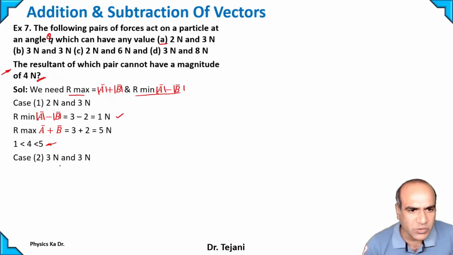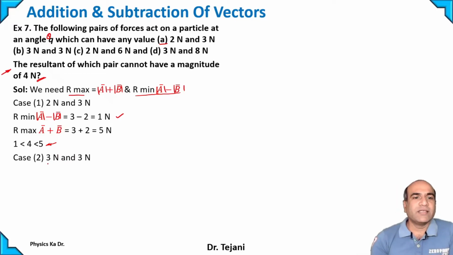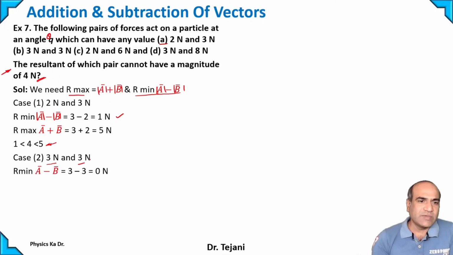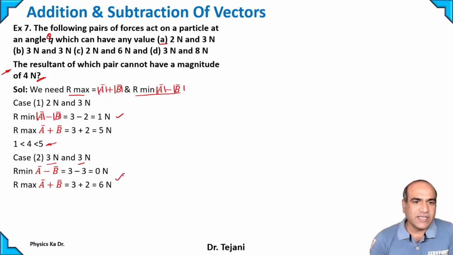Similarly case number 2, where 2 Newton is given, and B is equal to 3 Newton. Similarly, we can find A minus B, 0 Newton, and A plus B, 6 Newton. Is 4 in between 0 and 6? Yes, so this is not a correct answer.